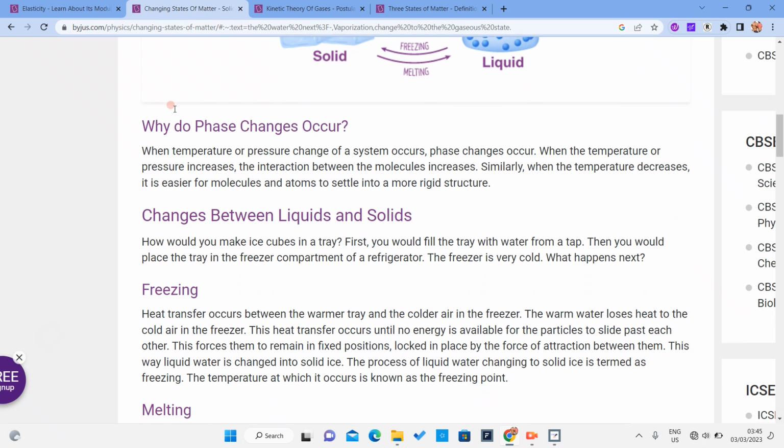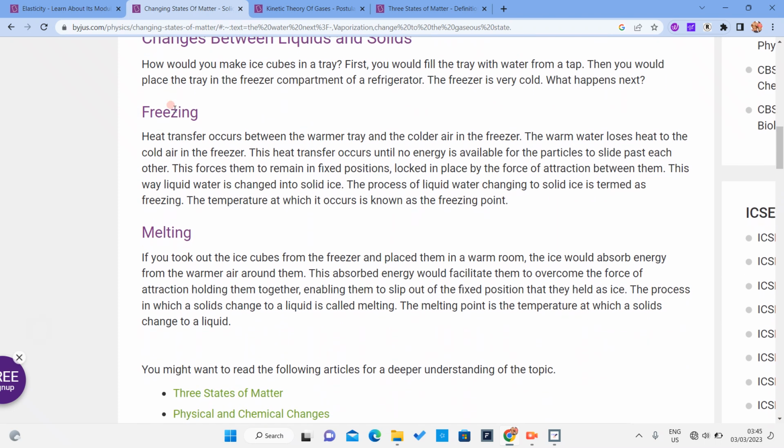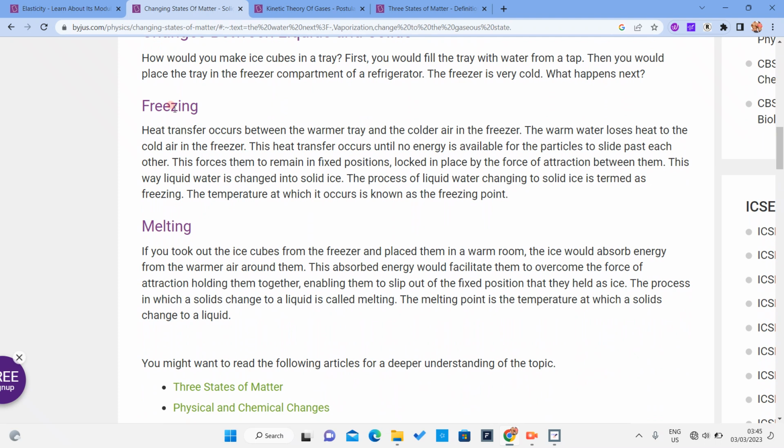So, changes between liquids and solids. We have freezing. Freezing is when you are trying to convert from liquid to solid. For example, when you are trying to convert normal liquid water to an ice block, that's freezing. And freezing always occurs at the freezing point. A freezing point is the temperature where the liquid is being converted to solid, or the solid is being converted to liquid.